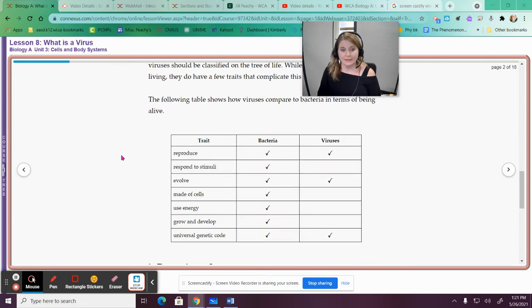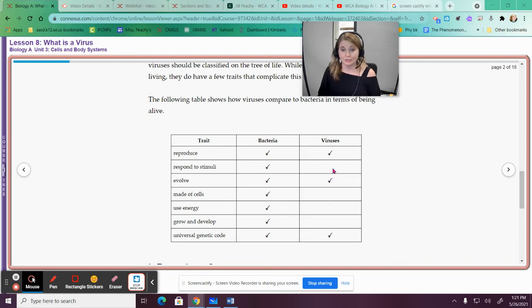Then we have this little chart comparing the traits of bacteria versus viruses, bacteria being alive, viruses being probably not alive. It's kind of a debate, really. As you can see, a virus can reproduce, a virus can evolve, and a virus does have DNA or RNA, so it has that universal code, but it is lacking a lot of other things. Viruses do not respond to the environment.